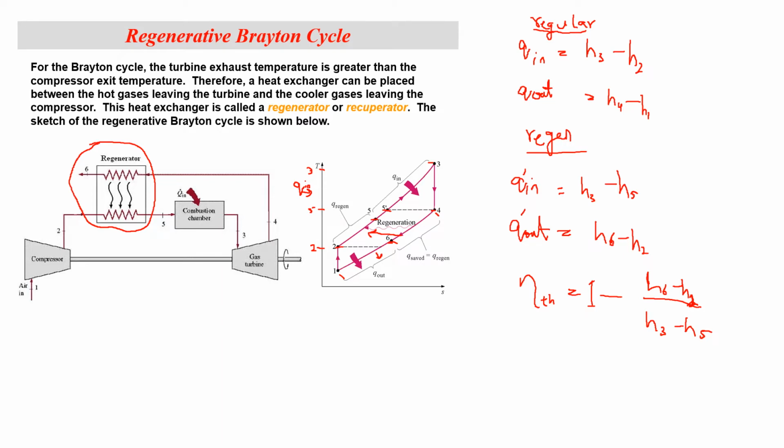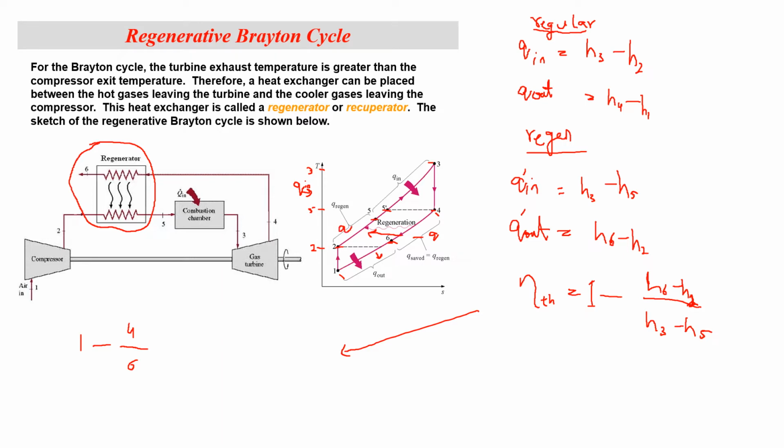But let's talk about some hypothetical numbers. Let's say your Q out initially was 4 units and your Q in was 6 units. Now you can see that the amount of energy given from the exhaust gas has to be equal to the amount of energy stored here as well, right?